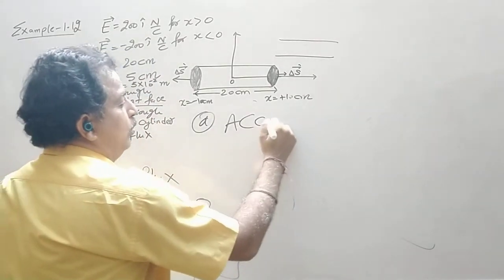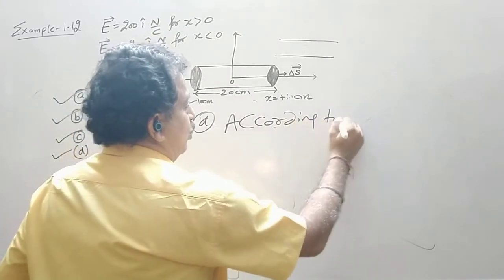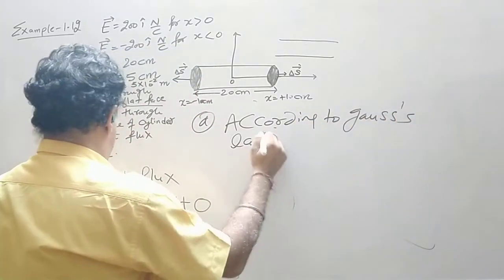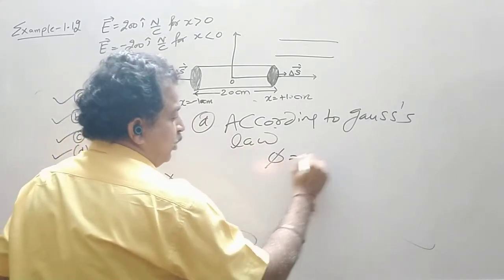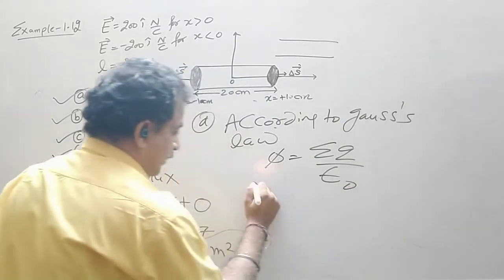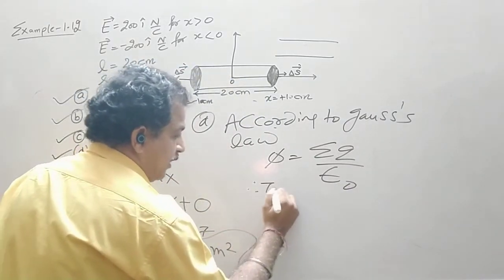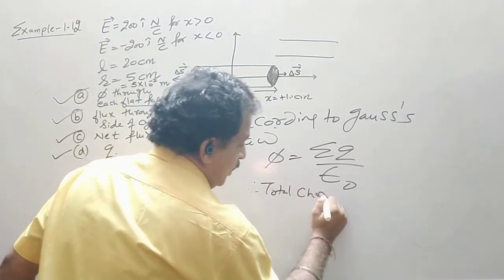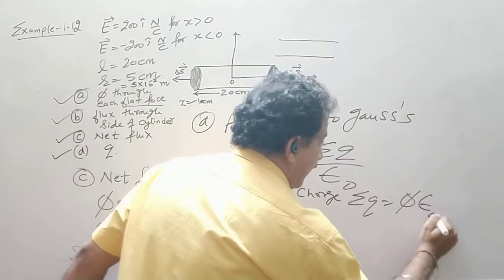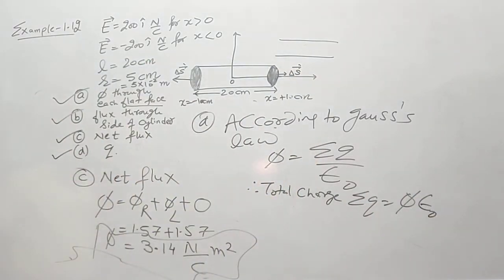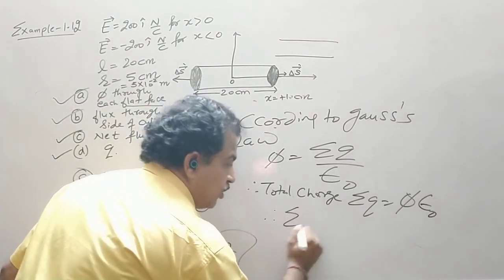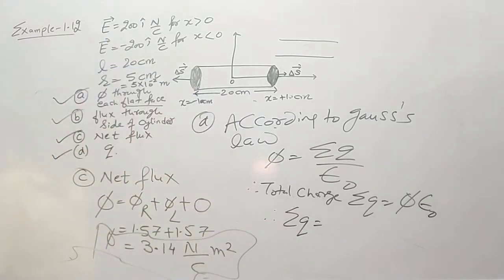So according to Gauss law, flux is equal to summation q upon epsilon naught. Therefore, total charge summation q is equal to phi into epsilon naught.